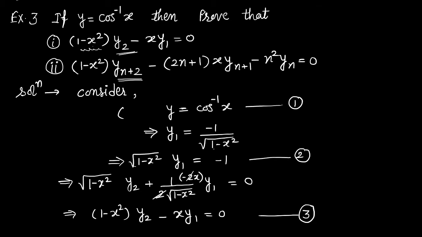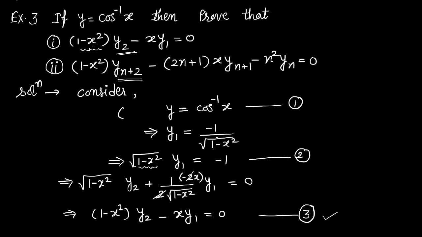Therefore, under root 1 minus x square as it is, derivative of y1 is y2, plus derivative of under root 1 minus x square, which is 1 upon 2 into under root 1 minus x square into derivative of 1 minus x square, that is minus 2x, into y1 as it is. Here the 2 gets cancelled. We get the first result, equation number 3.